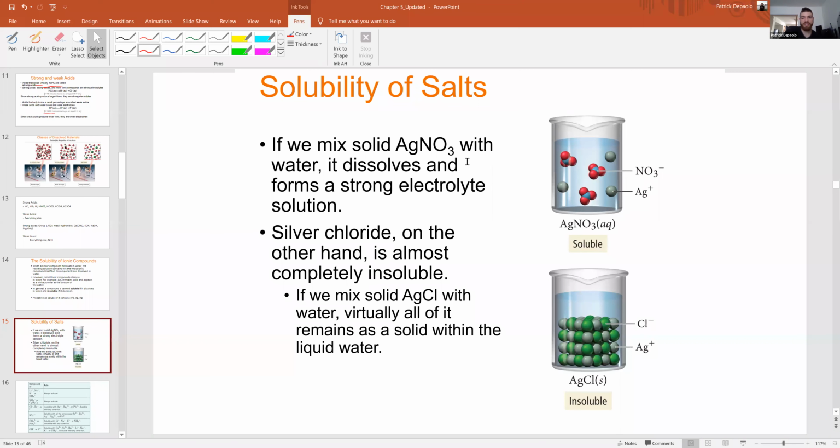Here's a visual representation. You can see silver nitrate. Silver nitrate is definitely soluble, and it's a strong electrolyte, just like every other ionic solution. You see the NO3 separates from the Ag+, and you get a good solution. Then if you have silver and chlorine, silver chloride, you don't get that. It is insoluble. The reason some are insoluble and some are soluble is sometimes the strength of the ionic bond, and also the energetic stability.